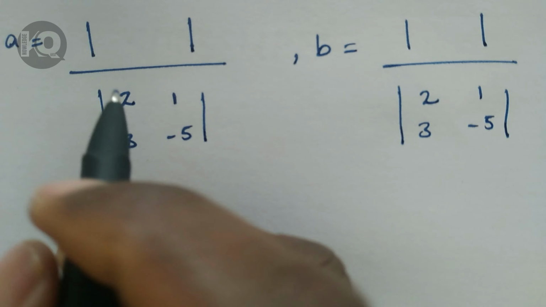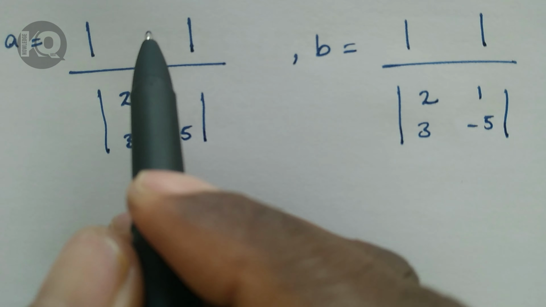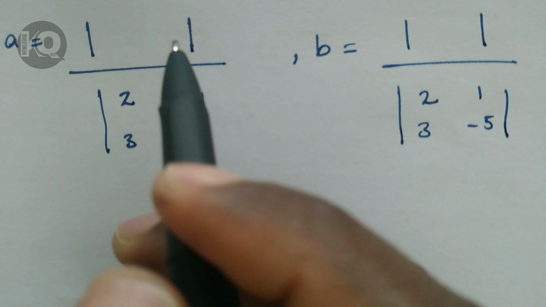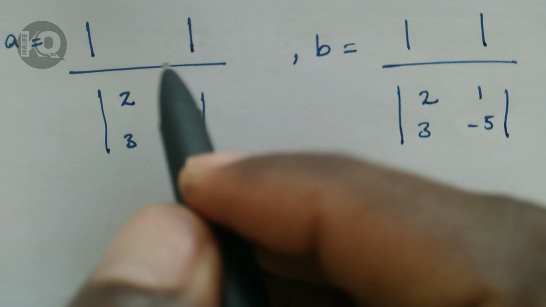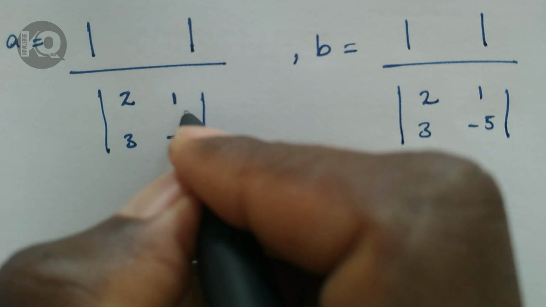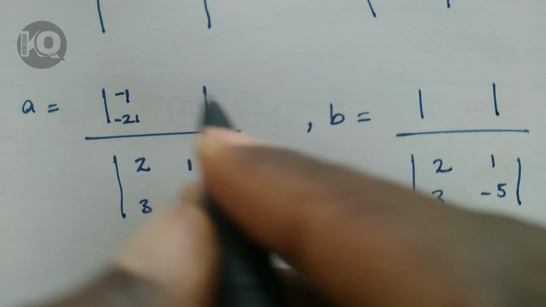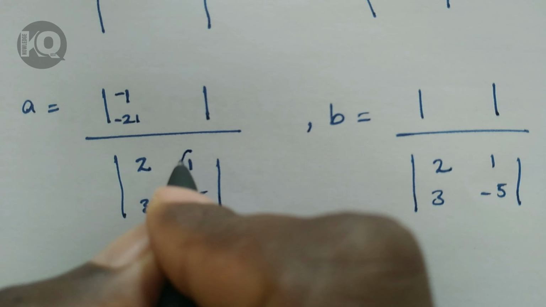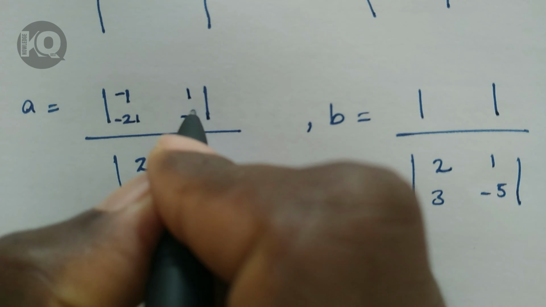Now to determine the value of a, in the numerator we have to insert the constants. For a, the constants are inserted in the first column, minus 1 and minus 21, and in the second column we copy the coefficients of b, that's 1 and minus 5.